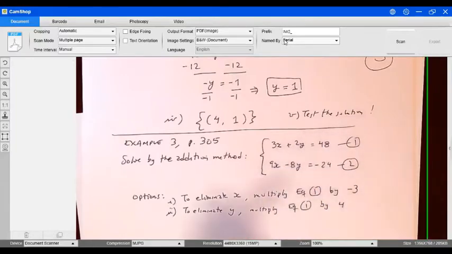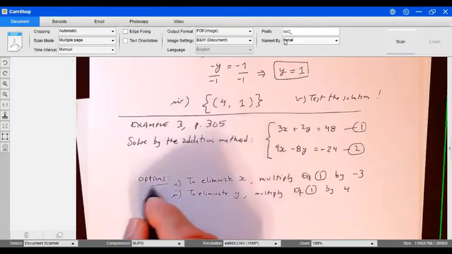That will be a way to eliminate y. So you have to decide. It's going to be up to you. So I'm going to work on the first option. You can work the second option at home, and you're going to see that you're going to get the same result.